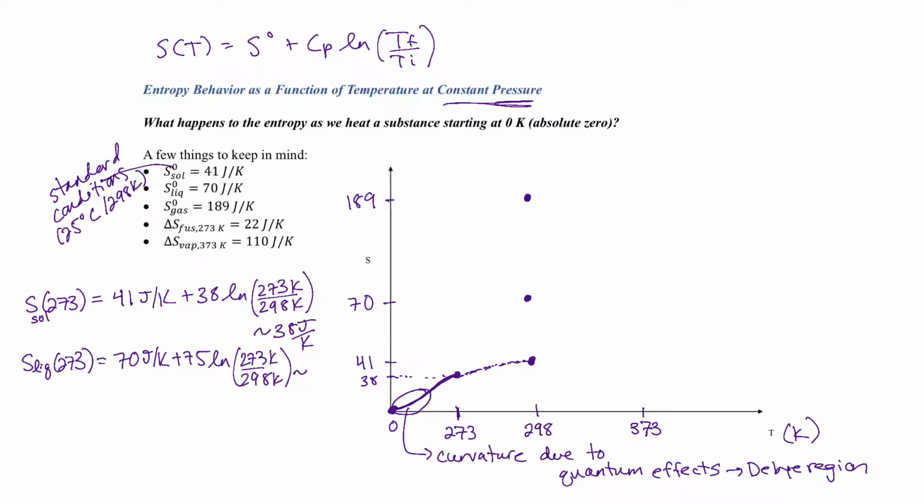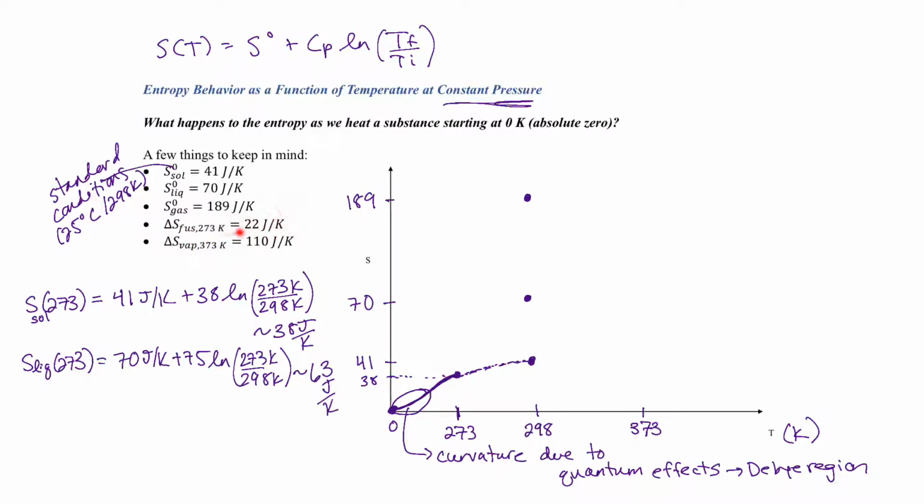So if you punch that into your calculator, you should get about 63 or so joules per Kelvin for that, which actually matches up pretty well with our delta S of fusion that we were given for our solid liquid phase transition at 273 Kelvin.